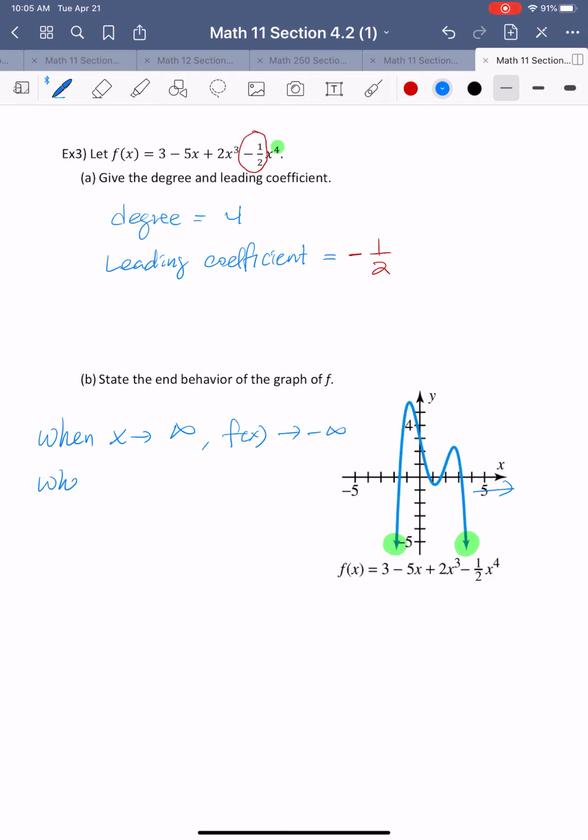And when x goes to negative infinity, f of x also goes to negative infinity. So you can just say the graph falls on both ends, okay?